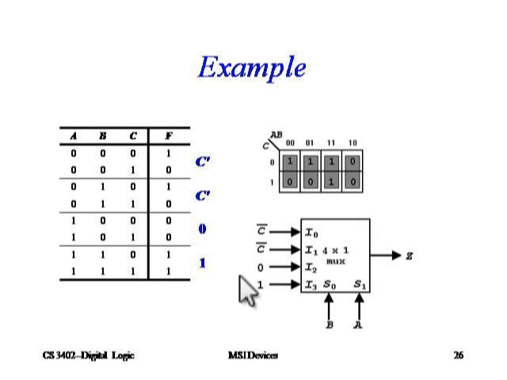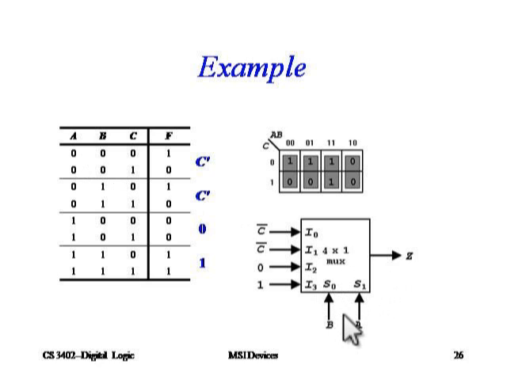Now one of the important things is the alternate representation which we discussed. We can implement the same function using a 4 cross 1 mux. Let us see how. So this is the same truth table which was there in the previous slide. Now as you can see here, this is a 4 cross 1, so there are 2 selection lines.